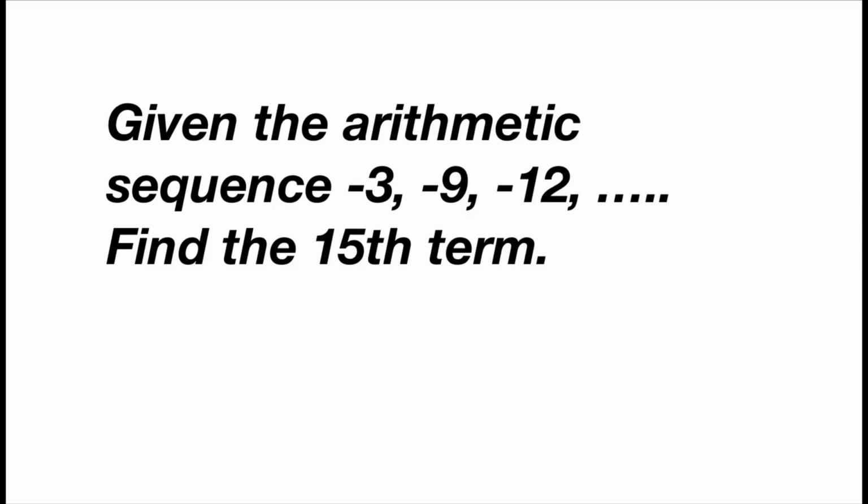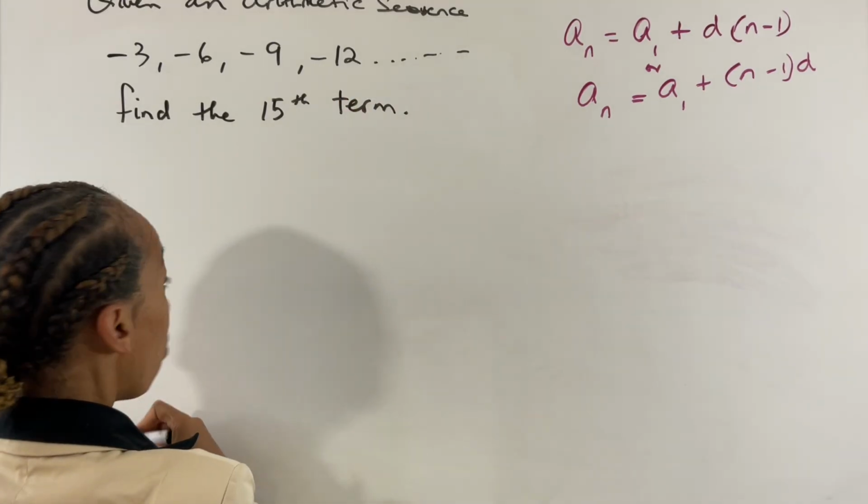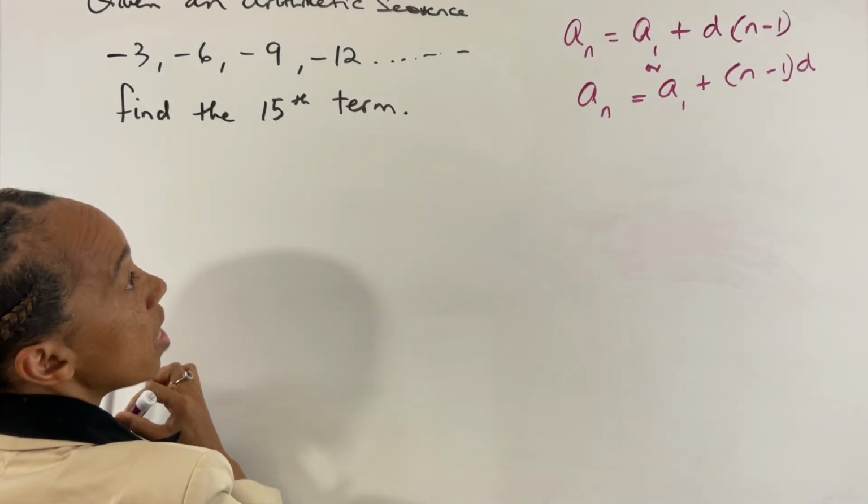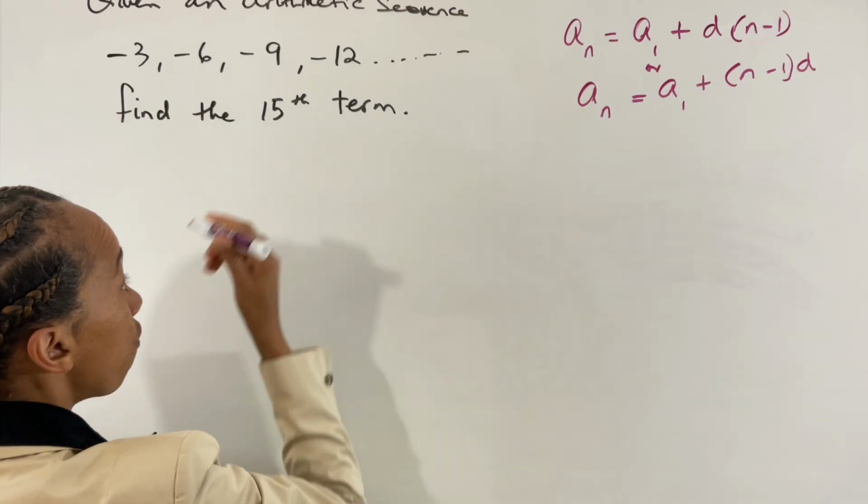So the next problem is that we're given an arithmetic sequence of -3, -6, -9, and -12, and so on. And we are going to find the 15th term. So once again, we are going to rewrite our formula.